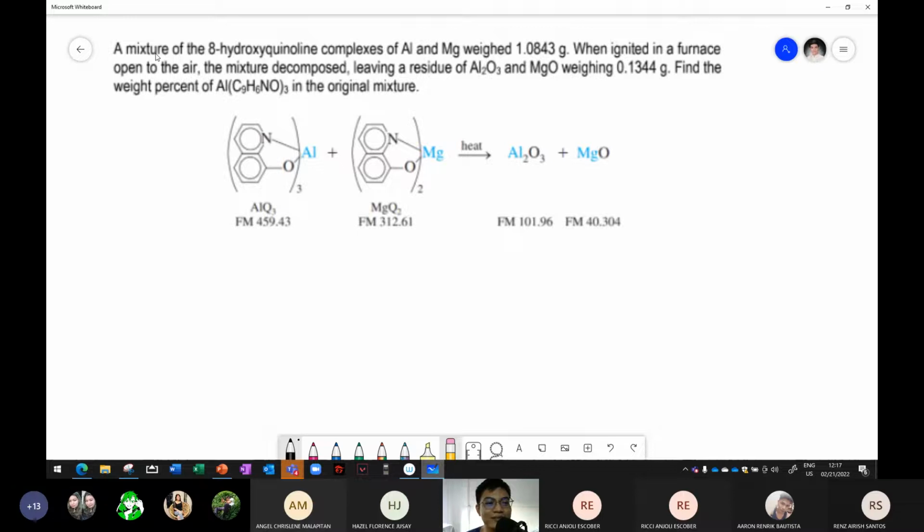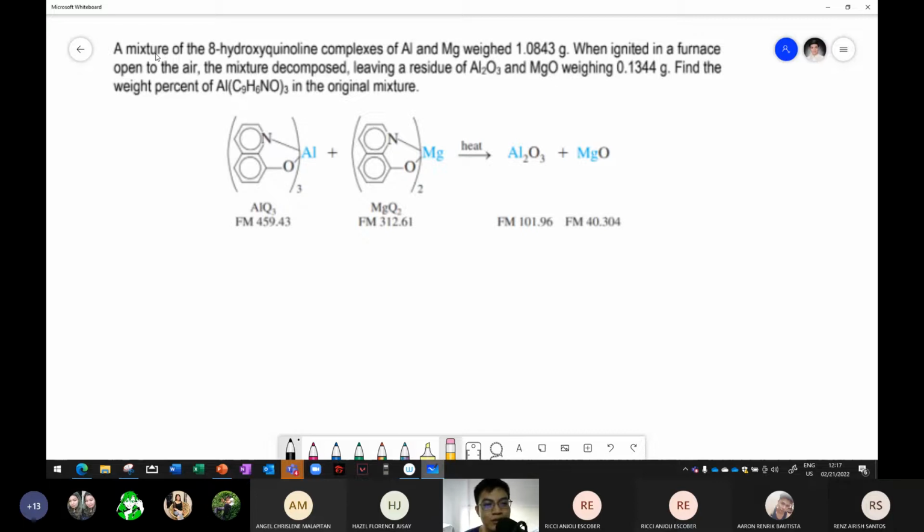Basahin natin, ako muna. A mixture of the 8-hydroxyquinoline complex of aluminum and magnesium weighed 1.0843 grams. When ignited in a furnace open to the air, the mixture decomposed, leaving a residue of aluminum oxide and magnesium oxide weighing 0.1344 grams.